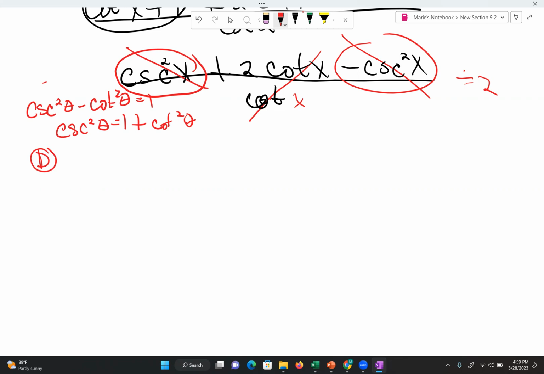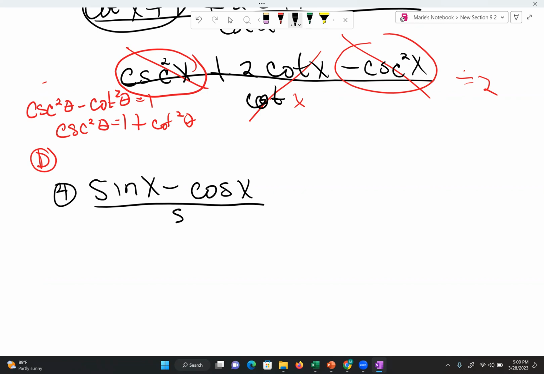Let's take a look at question number 4. All right. In question number 4, we're given the question where we have sine x minus cosine x, and all of this is over sine x.